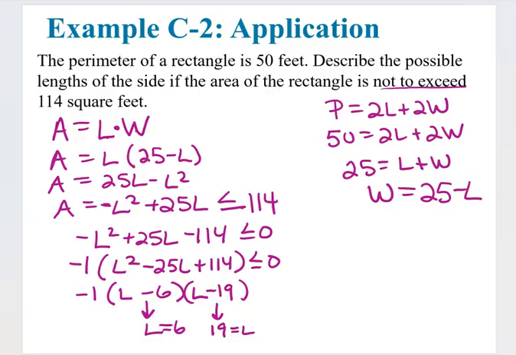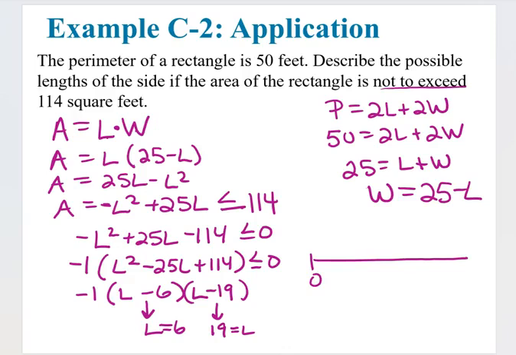So on your number line, again, you also have to think about, we're talking about the area of a rectangle and the dimensions of a rectangle. So I'm going to start at 0, because I can't have a dimension that's less than 0. So my number line is going to start at 0, and it's not going to go forever, because I know that the perimeter has to be 50, so it's going to end.